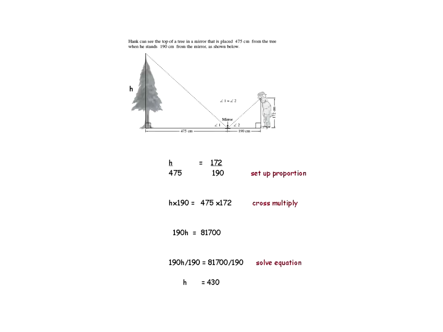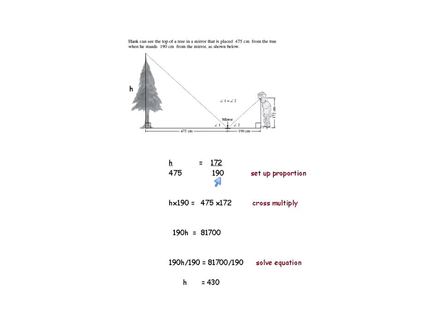So we set up a proportion where we have h over 475 on one side. Now h, you can see that side is similar to this side here. So on the other side, we write 172, and we divide that by 190, because 190 is a similar side to the 475. So we've got our proportion. h over 475 equals 172 over 190.